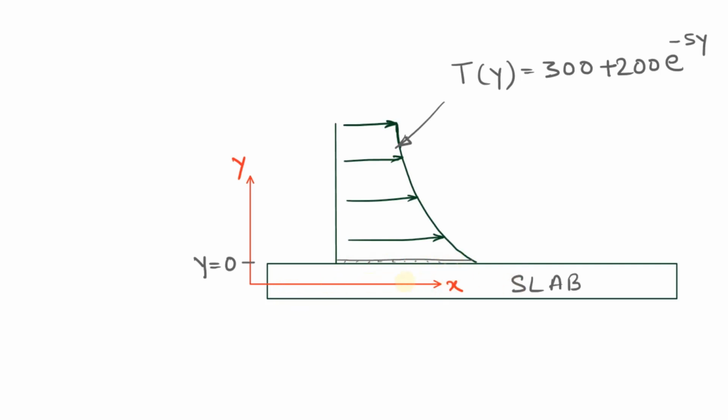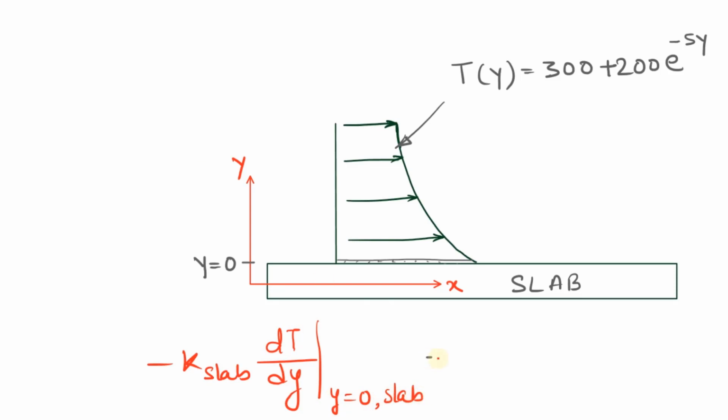Now the heat flux leaving this slab must be equal to the heat flux gained by the air, and that will be the same in this top layer. So let's write the heat flux by the slab: k slab dT by dy at y equal to 0, for the slab.